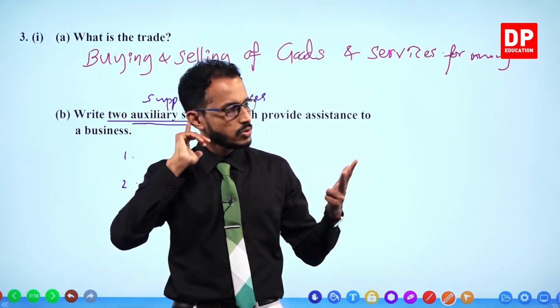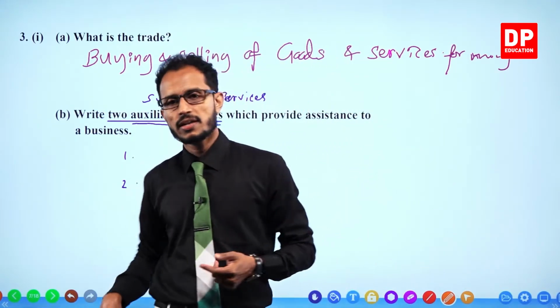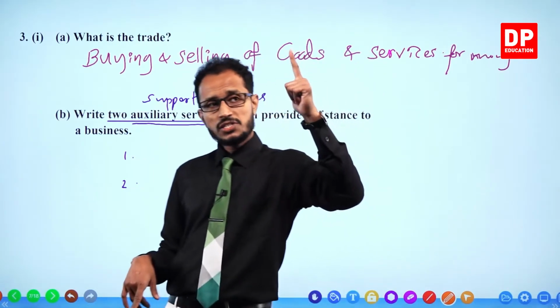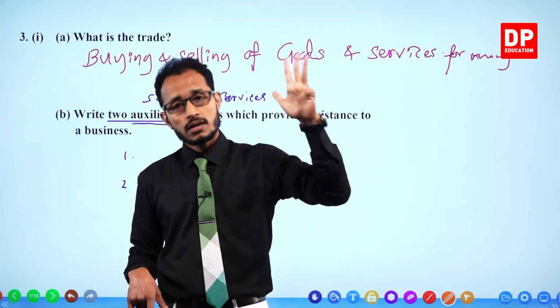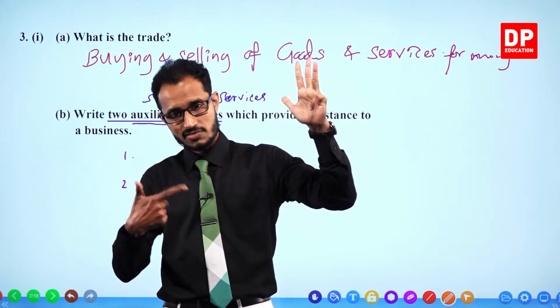Insurance. Banking and finance. That's right. Let's take banking and finance first. Communication, then transportation, then insurance. The 4 support services. All right.